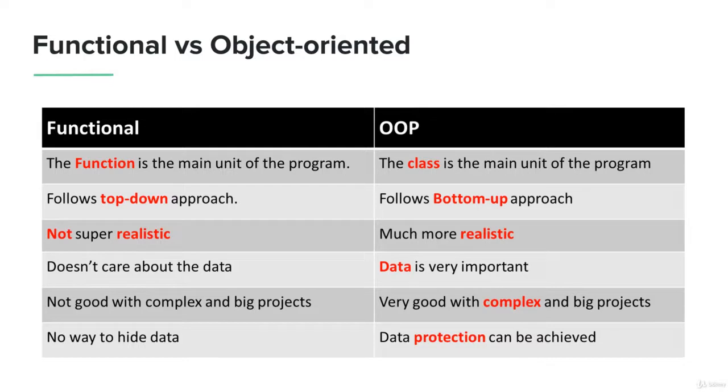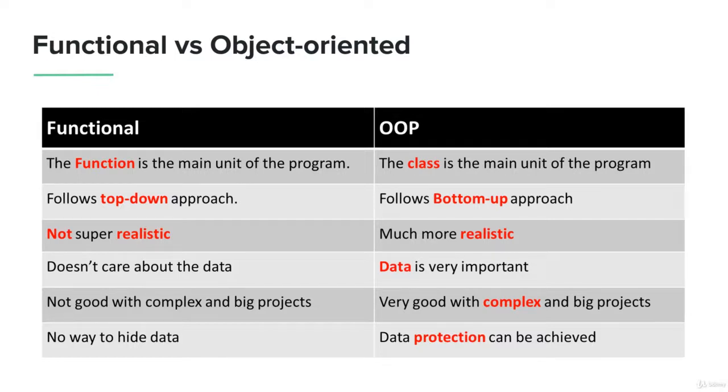We start from the very general, which is the main function, and inside each function we have other functions that are called, and then other functions inside these inner functions that are called, and so on and so forth, right? For the object-oriented programming, it's the opposite way.